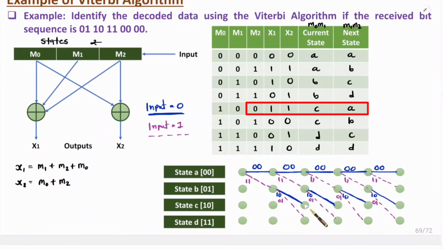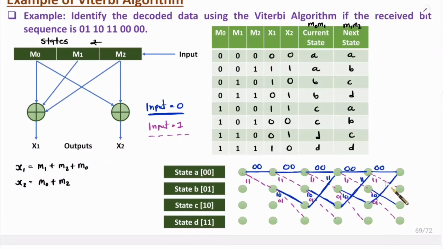So here I'll be plotting a solid line, and with this solid line, output is 1, 1. So let me mention output that is 1, 1. And that is what is repeating for this combination C1, right? So I'm just drawing it.